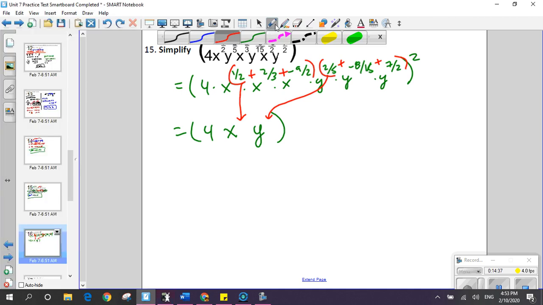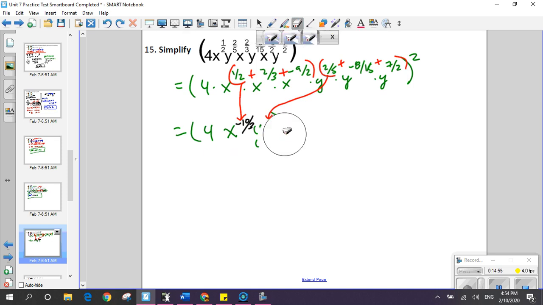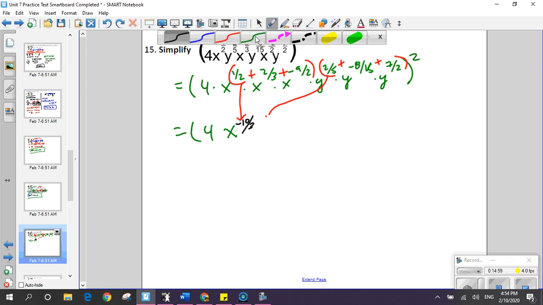Okay. Negative 10/3 for x and 101/30 for y. Again, all of that is still inside the parentheses, so let me write it a little better. 101 over 30.